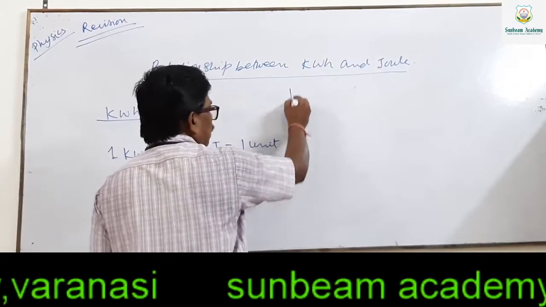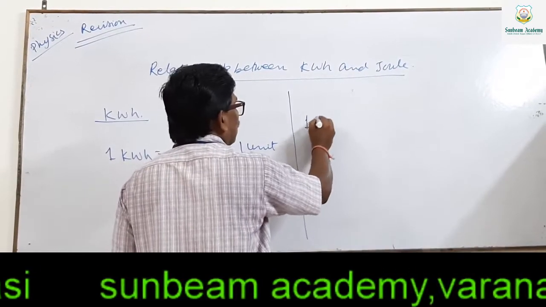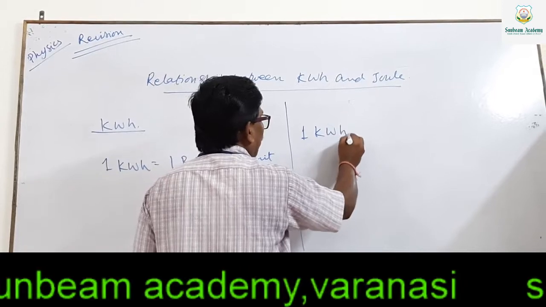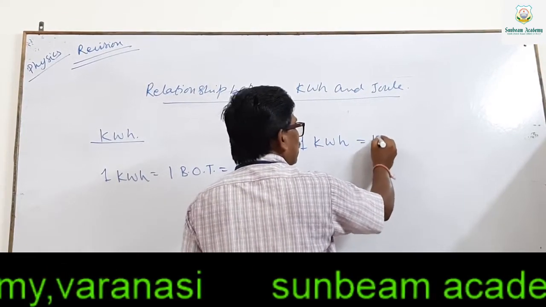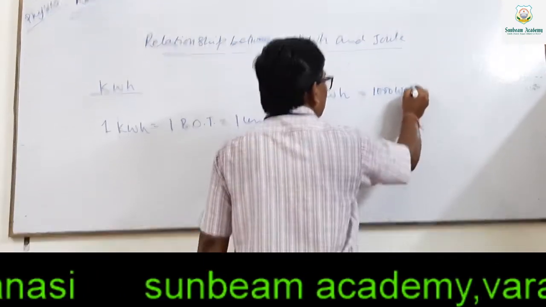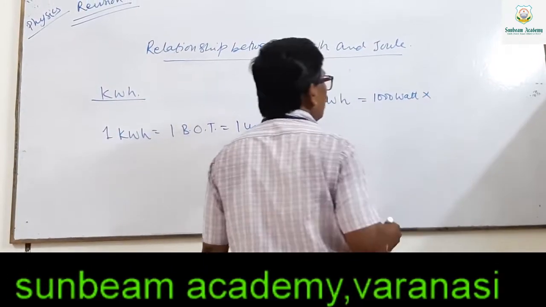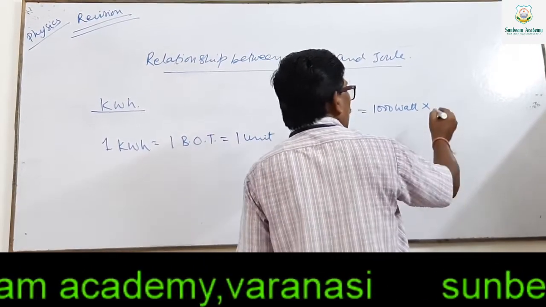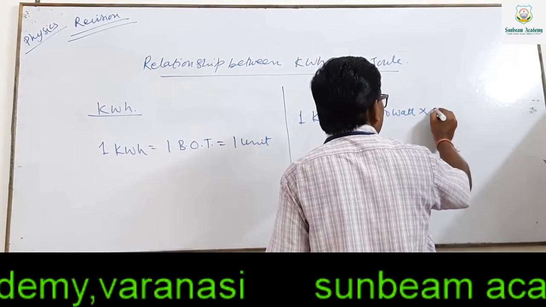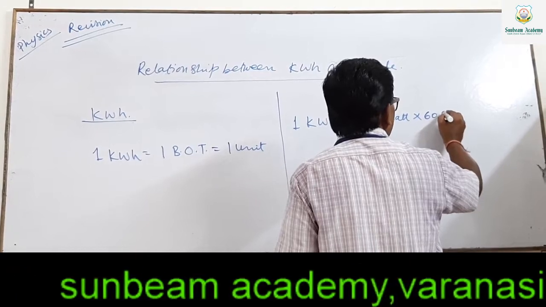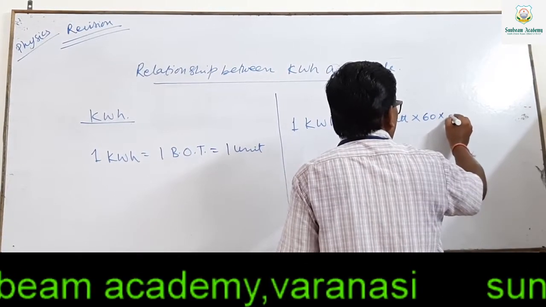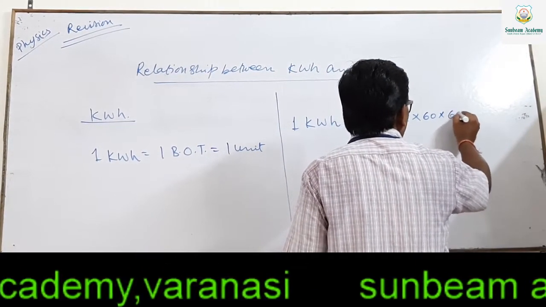Let us see. 1 kilowatt hour is equal to 1 kilowatt, meaning 1000 watt, into 1 hour. 1 hour means 60 minutes. Again 1 minute is equal to 60 seconds.